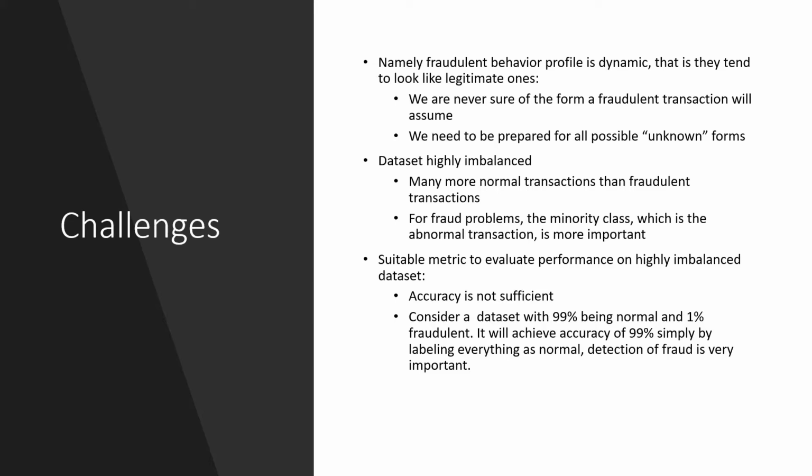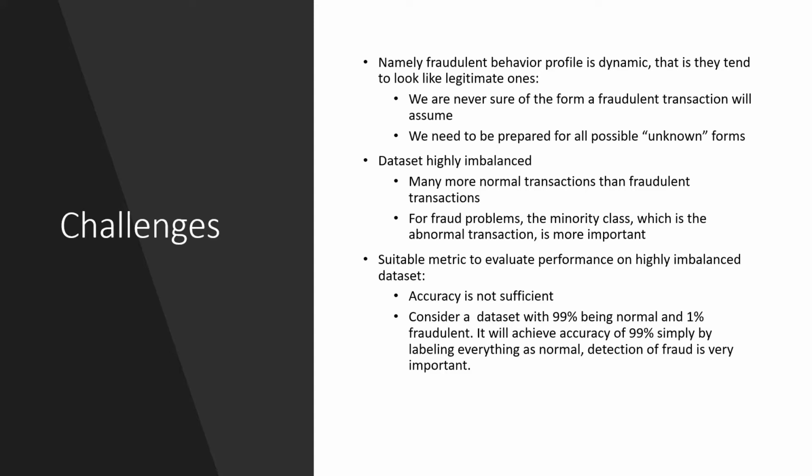Now, first of all, fraudulent behavior is dynamic. So they look like good ones, and we're never sure how it is going to look. As we know in cybersecurity, with any attack, the attacker gets discovered, or they discover the malware or the attack patterns. What they do is modify it to avoid detection next time.